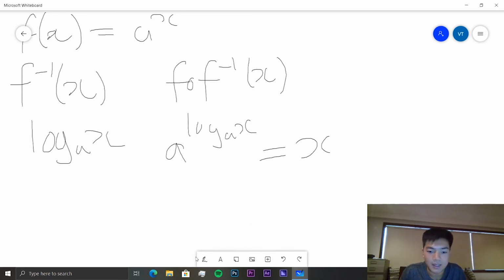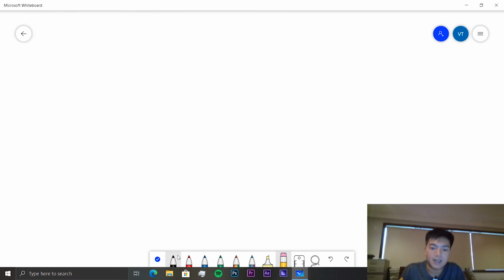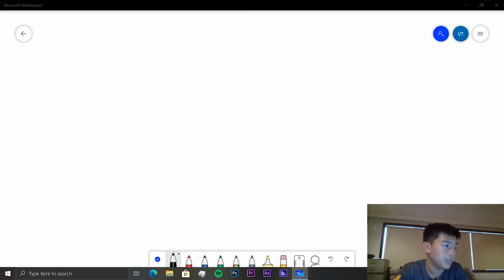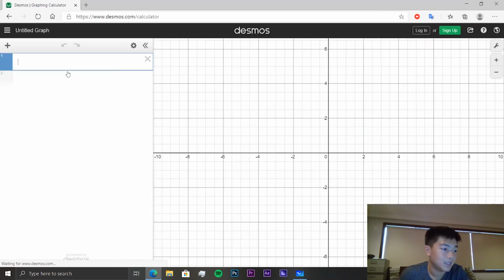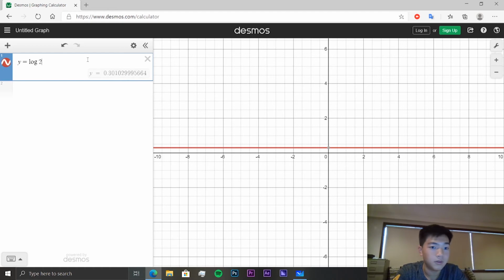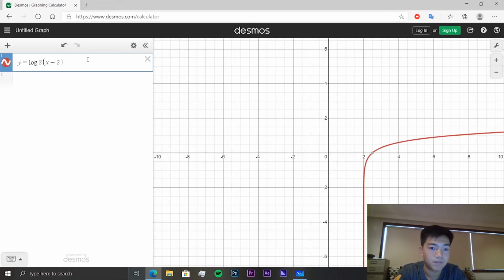Next, I'm going to go to question 9. Sorry, I'm jumping around a bit here. So we have, on separate axes, which I will just do on Desmos this time, draw the graphs of y = log_2(x - 2).